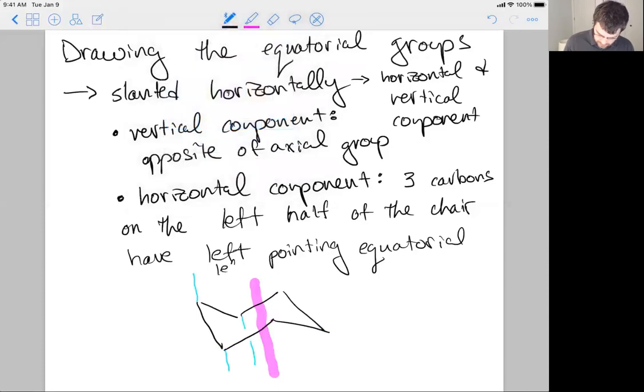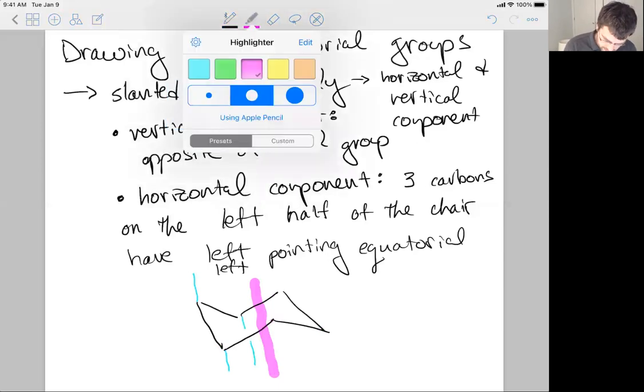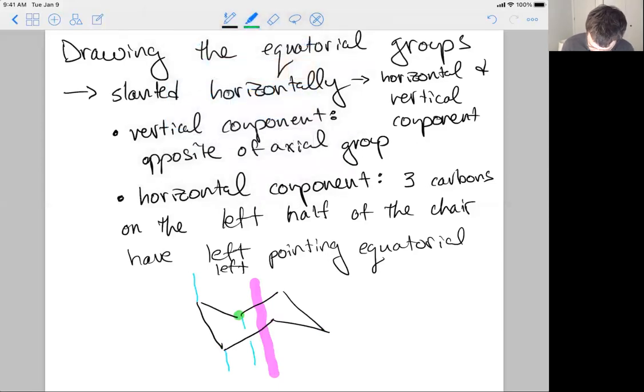This is my left side. Two of the axial groups are pointing down and one is pointing up. What this tells us is that if we start here, my horizontal component for all three of these equatorial groups will be left. And my vertical component of this slant will be down because the axial group is facing down.